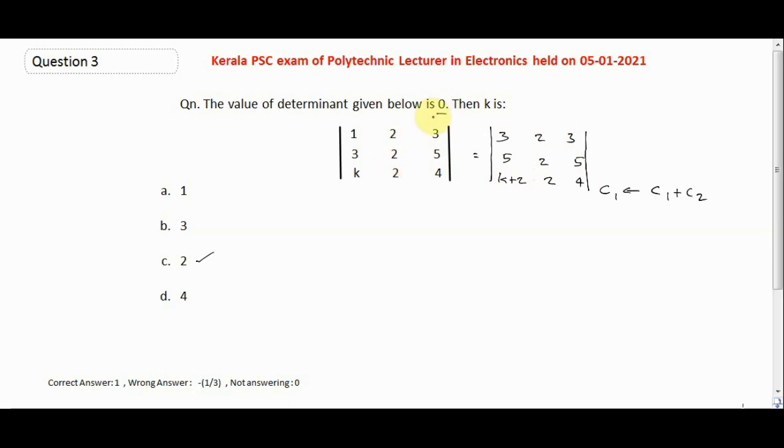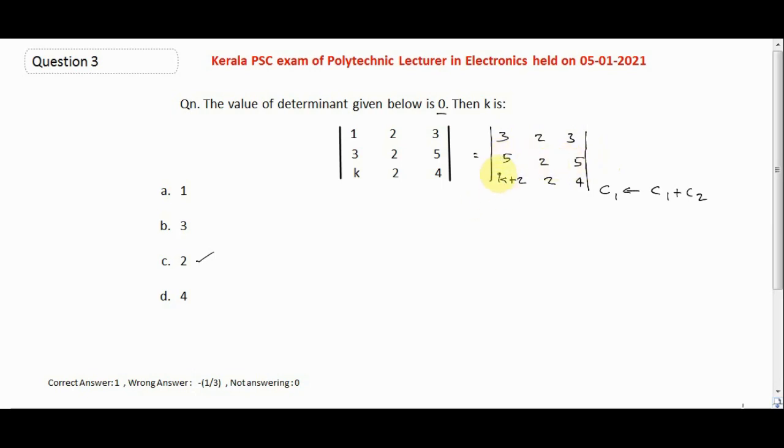So here if you observe this matrix, you can see that column 1 and column 3 are having same elements except in this position. Here we have 3, here also we have 3, here we have 5, here also we have 5.